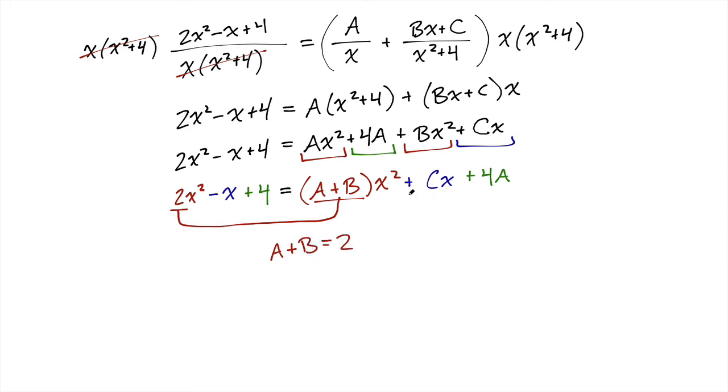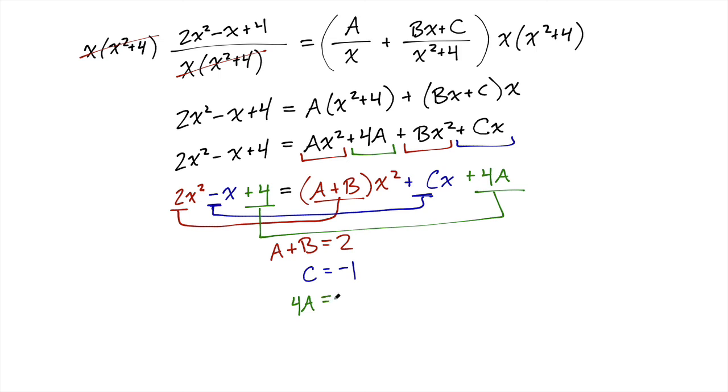And similarly, the coefficient of the x on the right side has to equal the coefficient of the x on the left side. So that's c has to equal -1. And then finally, the constant term on the left has to equal the constant term on the right. And so that tells us that 4a has to equal 4. So you end up with this system of equations to solve.